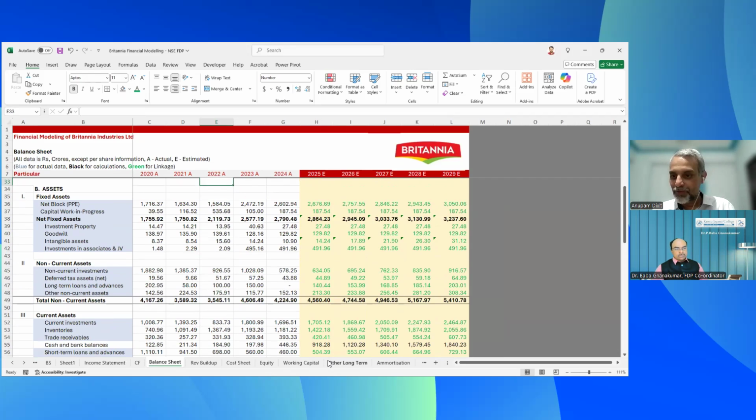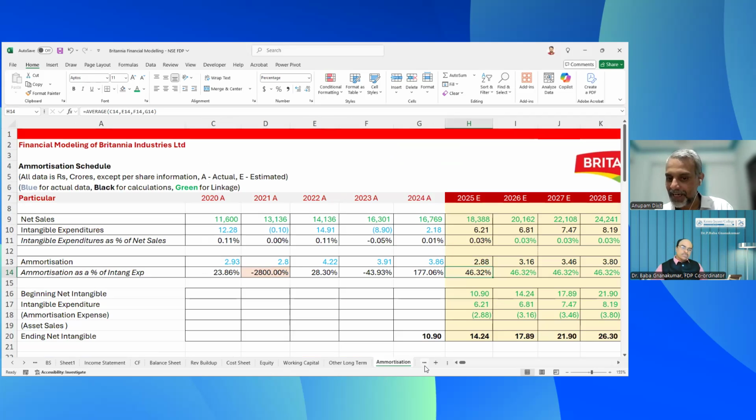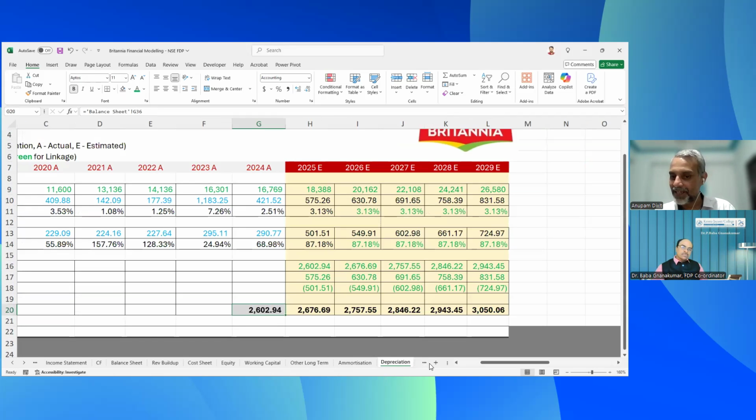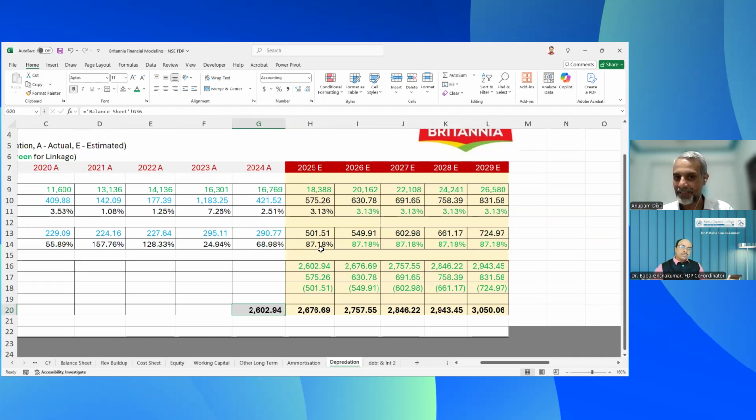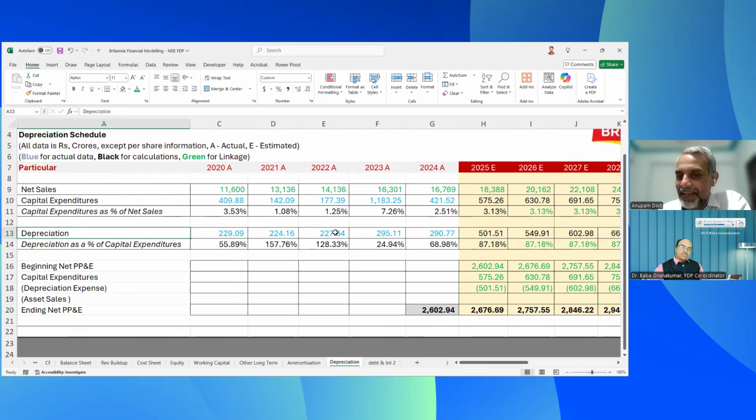Now, for those, we will then go to different sheets. One is the amortization sheet, one is a depreciation sheet, and the third one is a debt and interest sheet, right? So first, go to the depreciation sheet, right? Now, in the depreciation sheet, our depreciation is based on the capital expenditure, right?